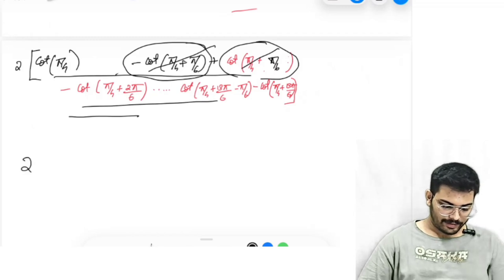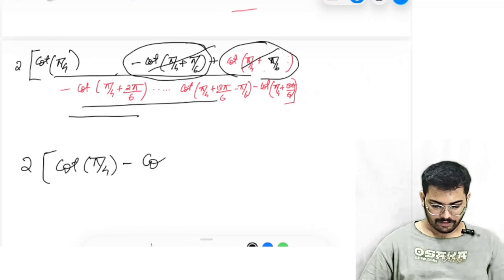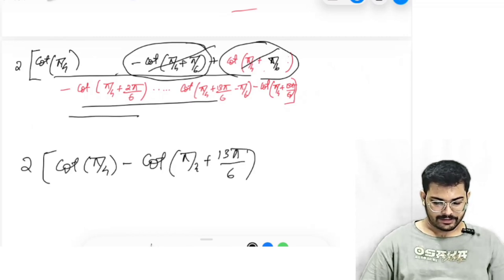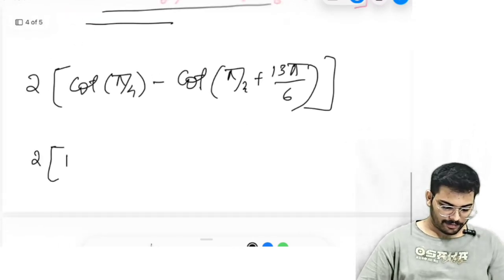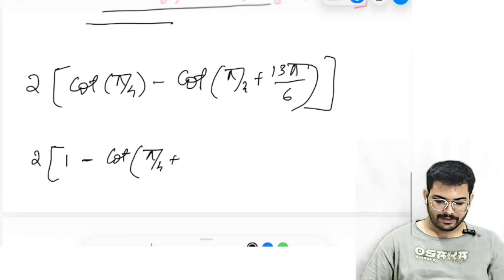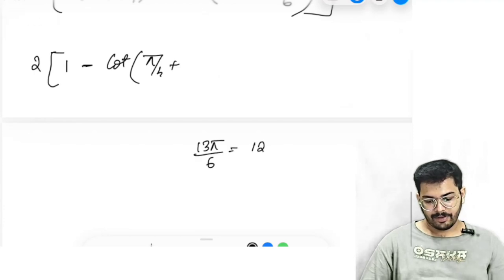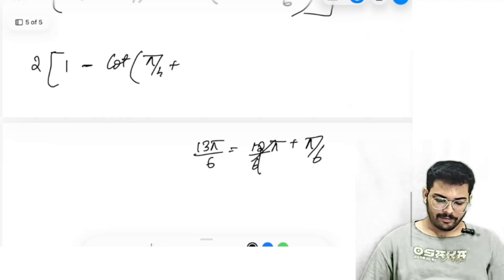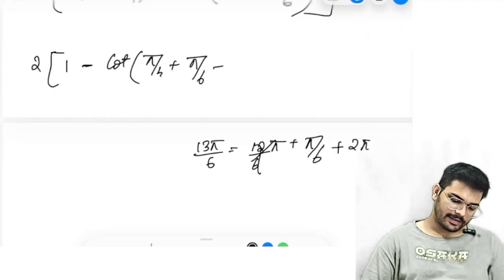At the end, you will be left with 2 into cot of pi by 4 minus cot of pi by 4 plus 13 pi by 6. Here, what is the value of cot pi by 4? Cot pi by 4 is 1, and this can be written as cot of pi by 4 plus 13 pi by 6. 13 pi by 6 can be written as 12 by 6 pi plus pi by 6. 12 by 6 pi will become 2 pi, so our angle will be pi by 6 plus 2 pi.